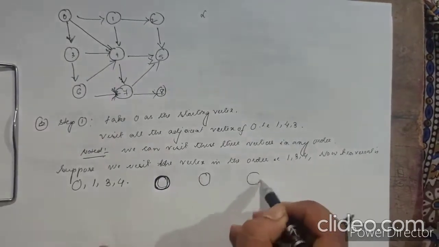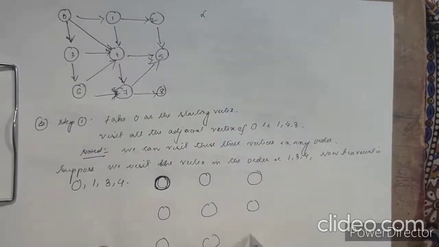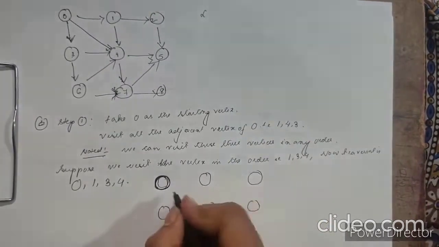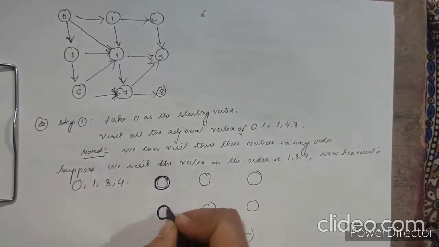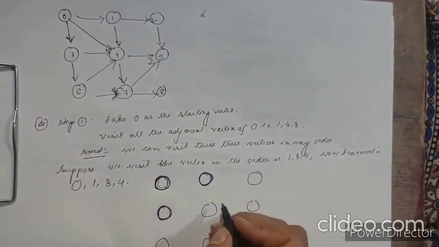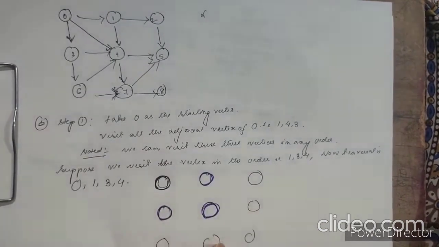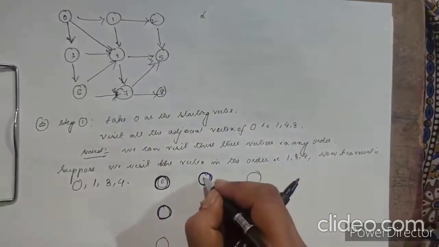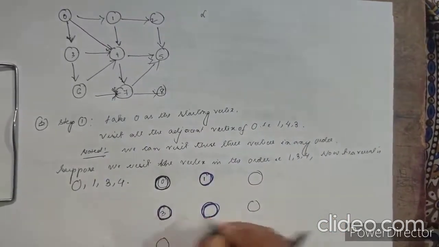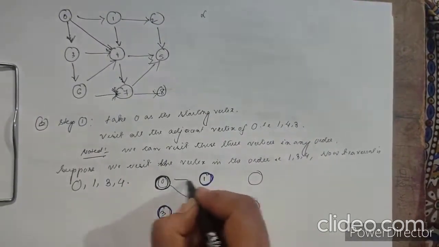So from 0 to 1, then 3, and then 4. Put this one.